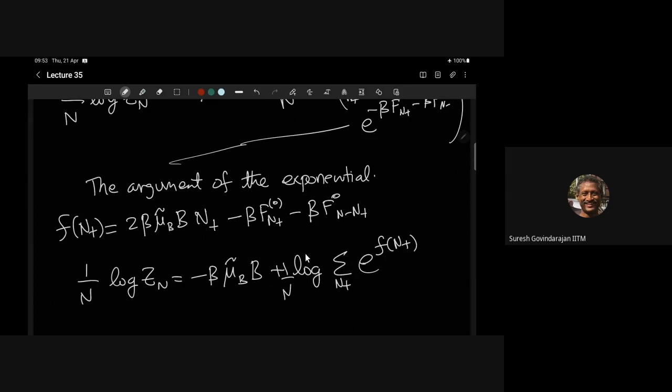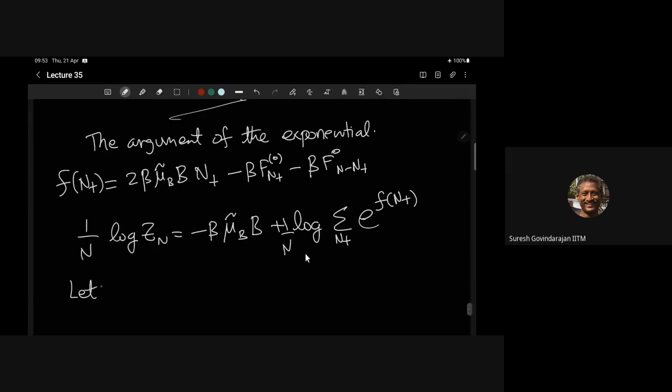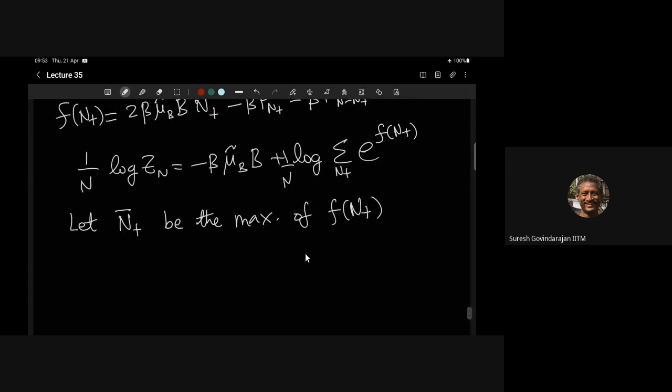Okay. So if you can figure out where f of n plus... Let n plus bar be the maximum of f of n plus. Then we will approximate it as follows.